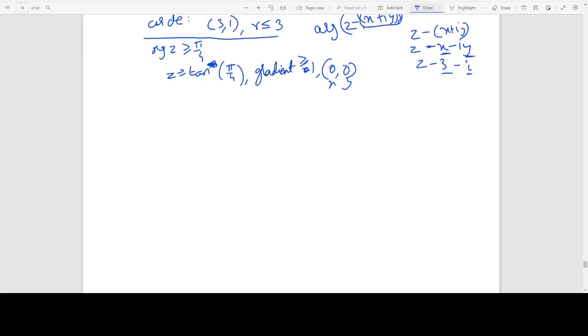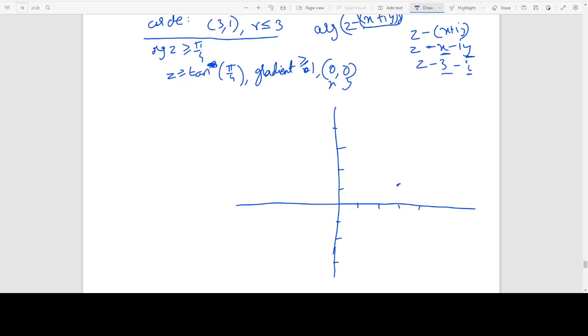So let's start. We have this. So for the circle, center is 3 comma 1, radius is less than or equal to 3.